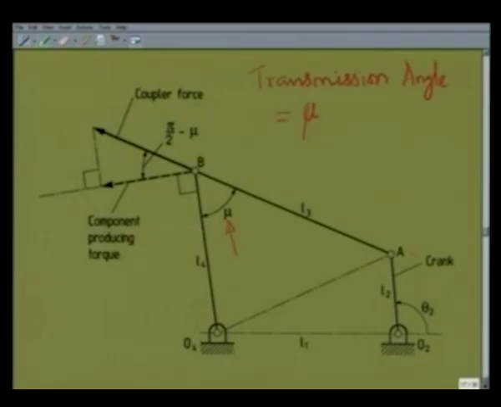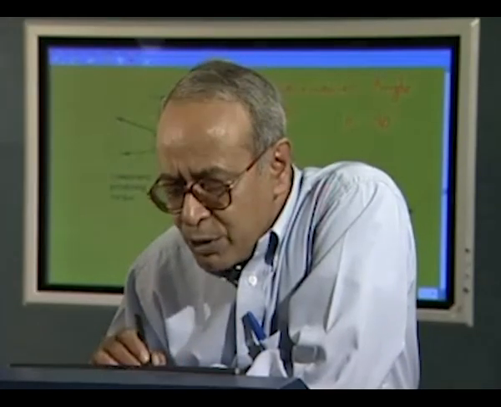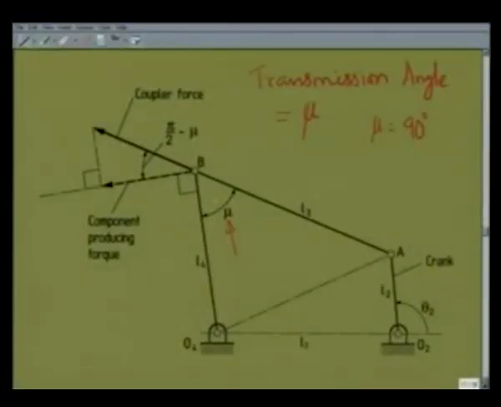Obviously, the best possible value of mu is 90 degree. Then the entire coupler force is used to produce torque about O4 to drive the follower. However, as the mechanism moves, this angle mu changes, but one has to ensure that mu does not fall below a particular minimum value, and normally minimum value of mu is prescribed around 30 degree.